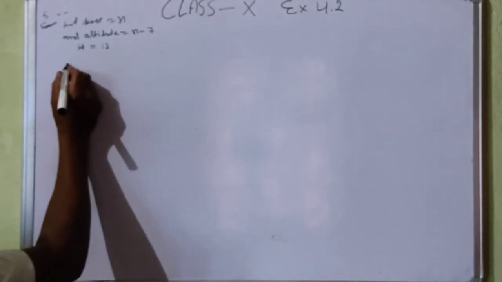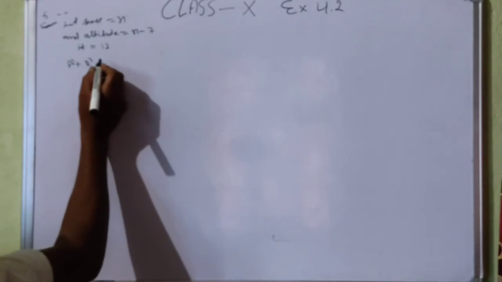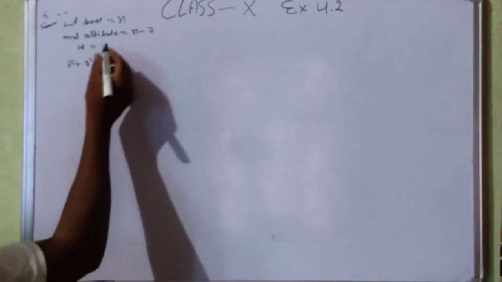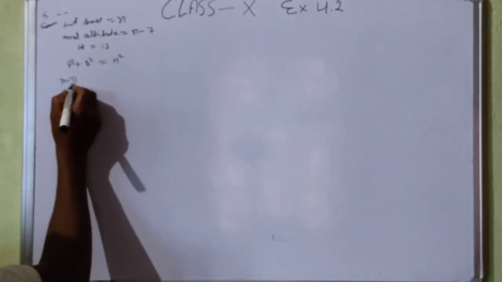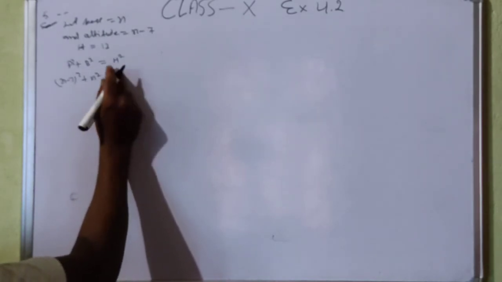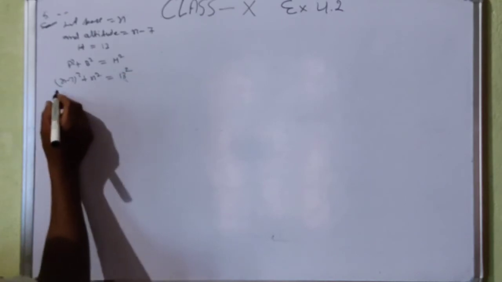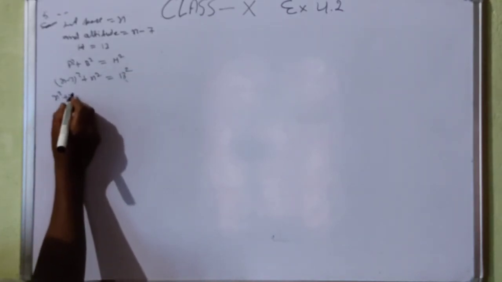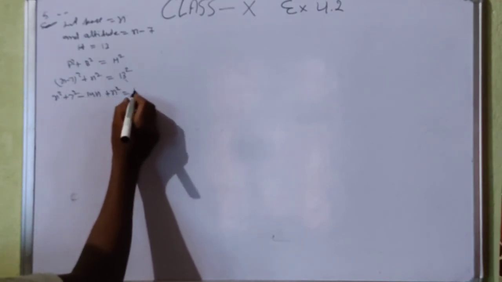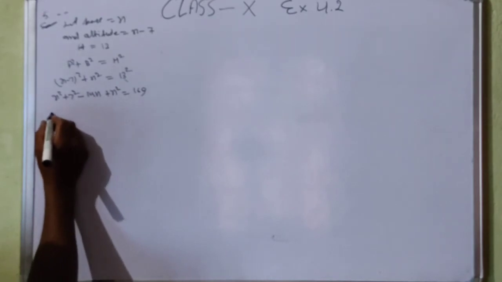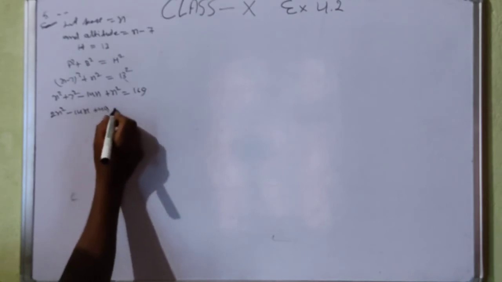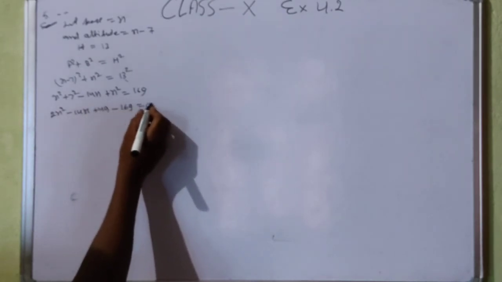So we know that p square plus b square is equal to h square, the Pythagoras theorem. That will be perpendicular (x minus 7) whole square plus base x square is equal to 13 square. So x square plus 7 square minus 14x plus x square is equal to 169. So that will be 2x square minus 14x plus 49 minus 169 is equal to 0.